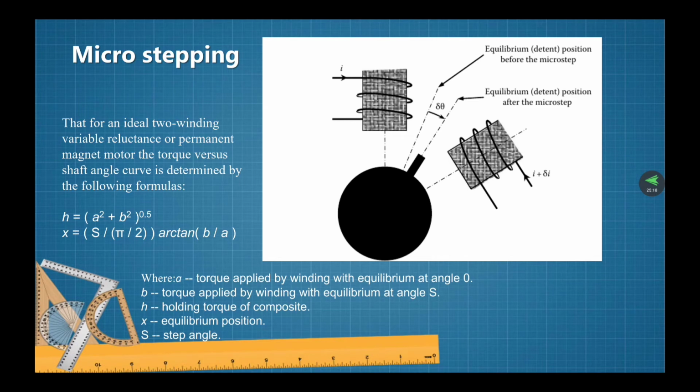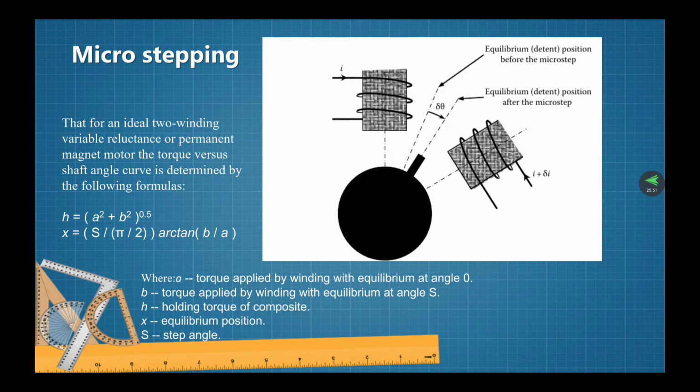Microstepping is achieved by properly changing the phase current in small steps, instead of switching them on and off as in the case of full stepping and half stepping. The principle behind this can be understood by considering two identical stator poles with identical windings.